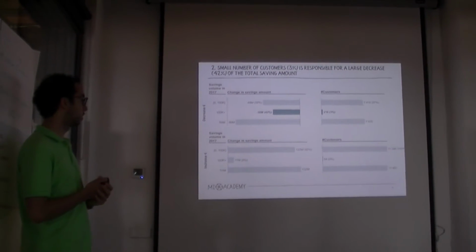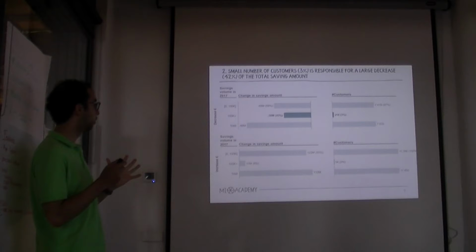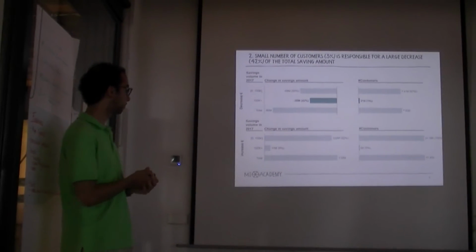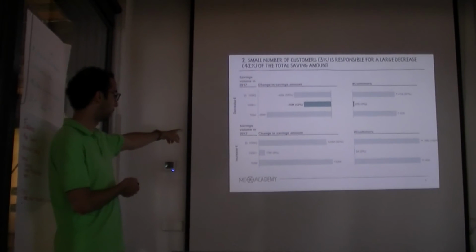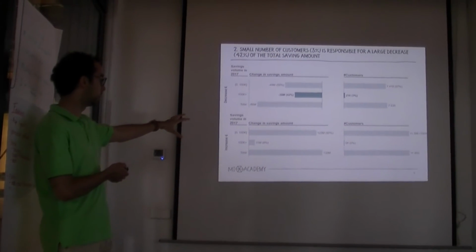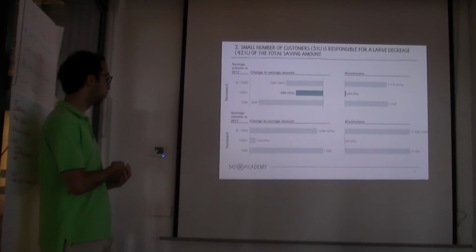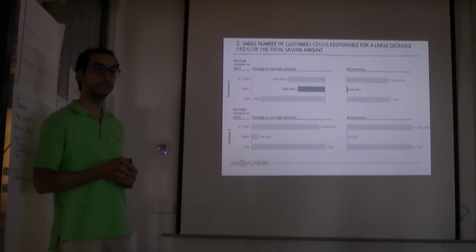That is a very large decrease, caused by a very small number of customers. And we don't see this in the increase. It's surprising that this same group doesn't have that big an effect there at all.